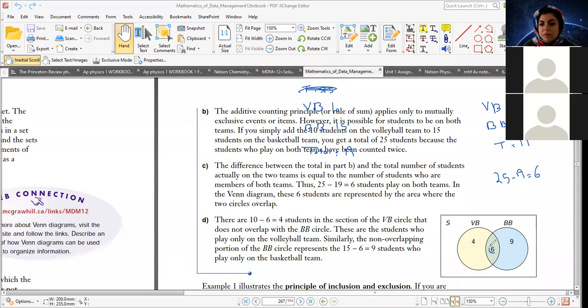You put this number in the middle as shared. Now, how do I figure out 9 and 4? In the next step, 10 minus 6 is 4, and 15 minus 6 is 9. So 9 people are just doing basketball and 4 people are just doing volleyball. Does that make sense, guys?